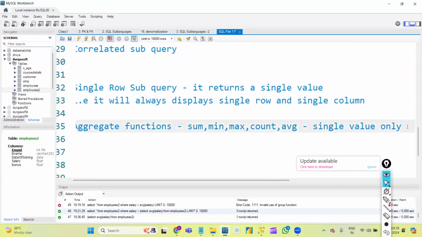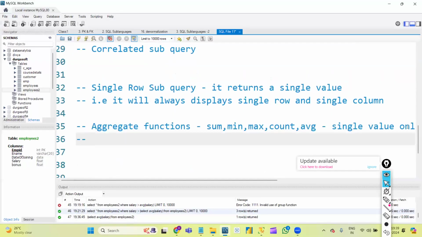Not only aggregate functions, even if we use some expressions or operators which display output as a single value.